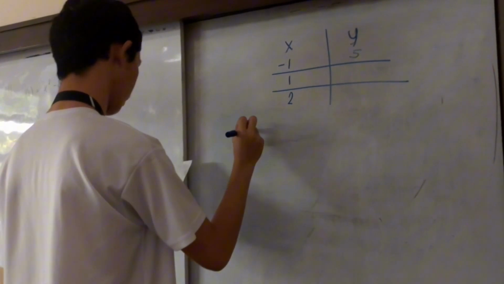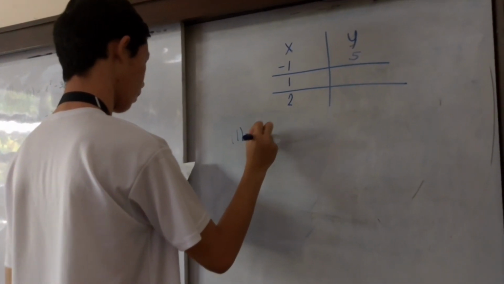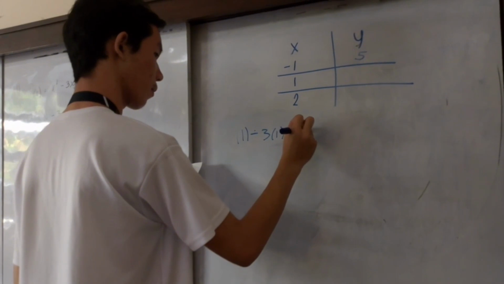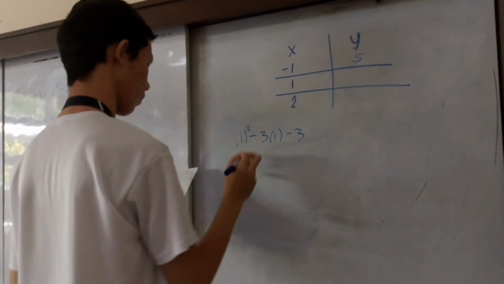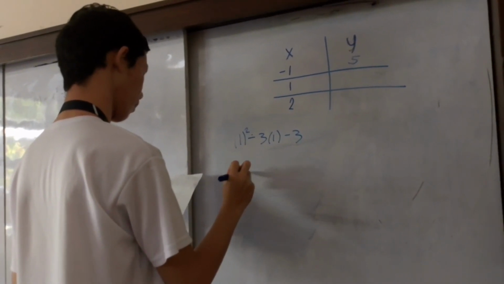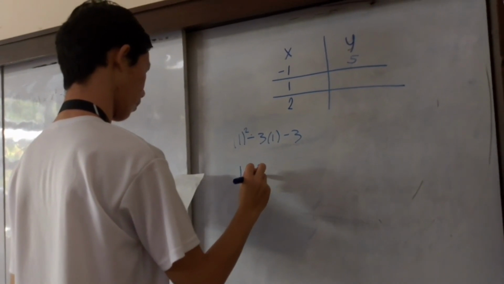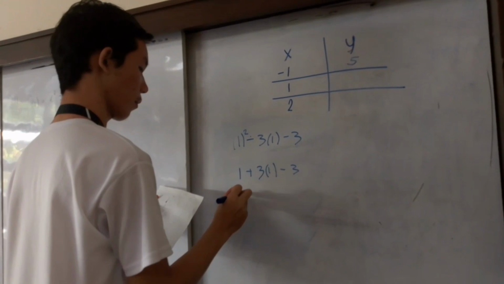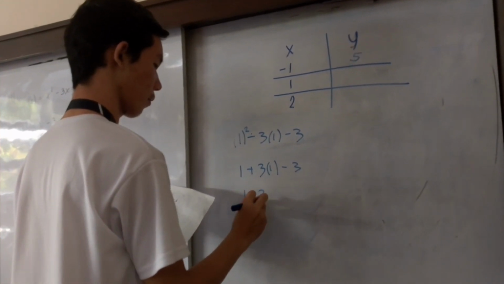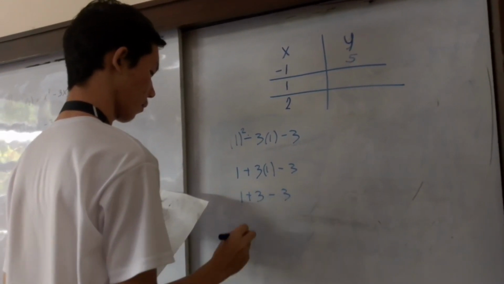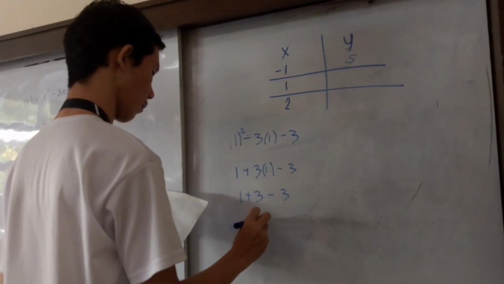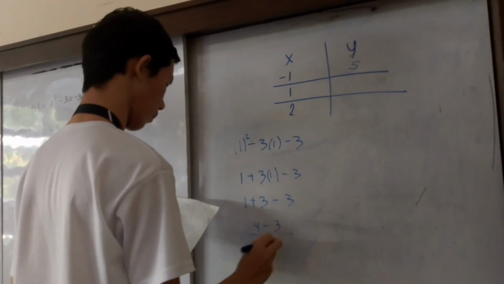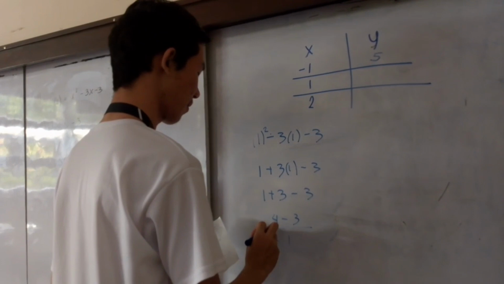Now we have positive 1 squared minus 3 times positive 1 minus 3, positive 1 minus 3, 4 minus 3, now we have the final answer of positive 1.